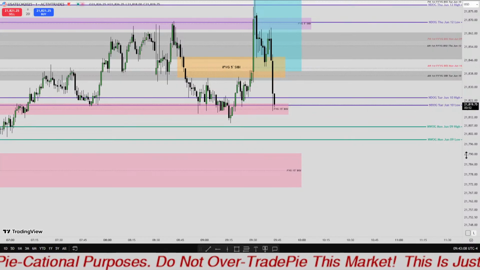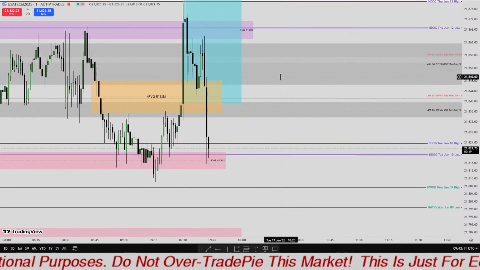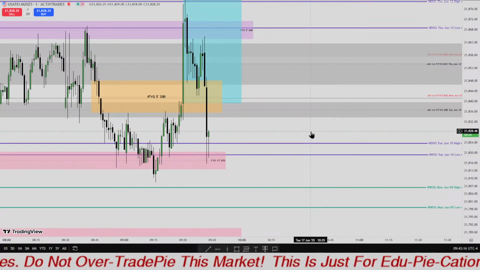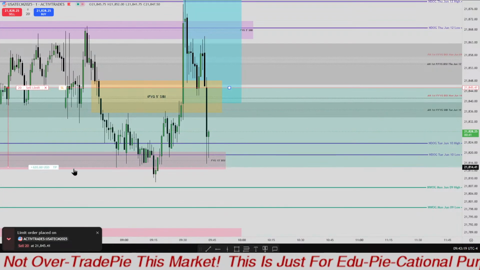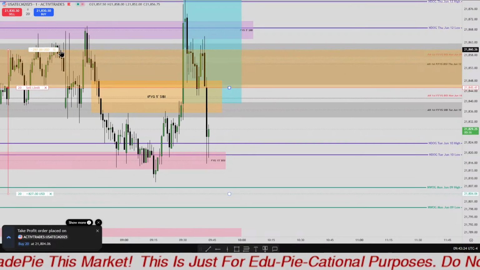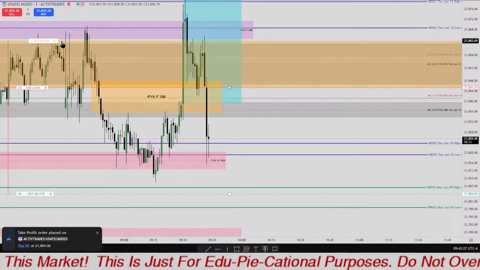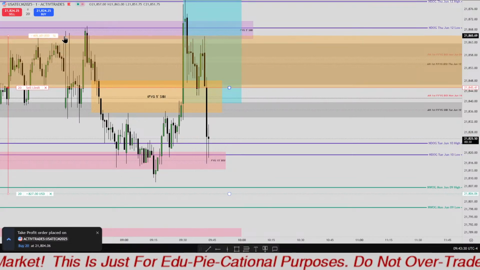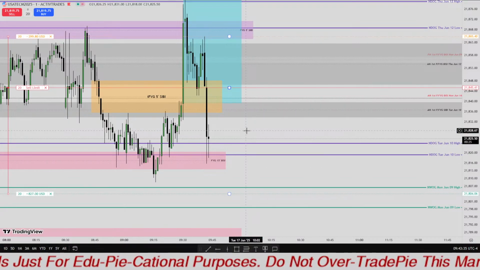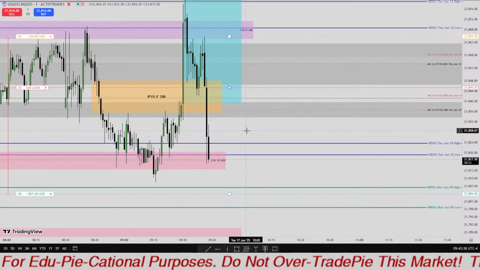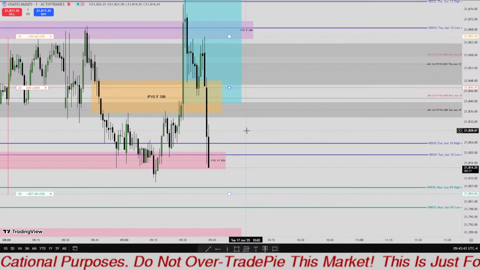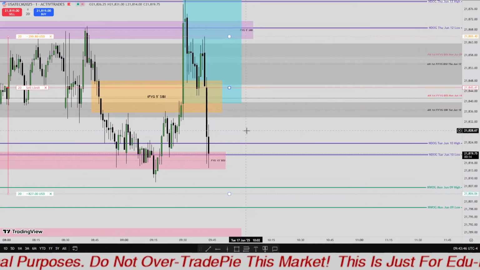So now over here we have the first presented fair value gap formed, and as I expected, it's a type of CB, so I'm utilizing my strategy. I'm waiting for the market to have a retracement higher to fill the position. Okay, now we are still trading inside the 15-minute PC, lower half.